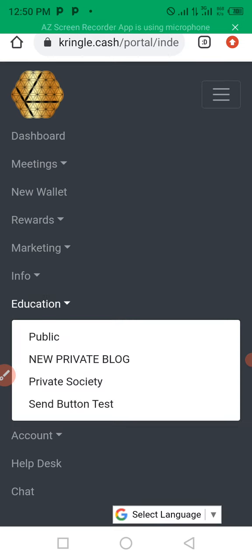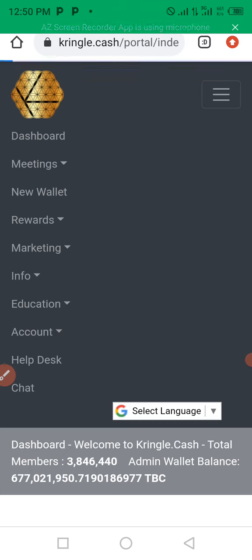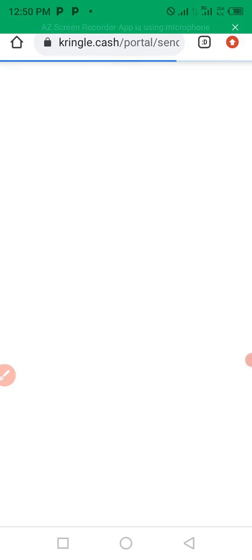Once you click on education, you will see public, new, private blog, private society, send button test. Click on send button test. Allow it to load.